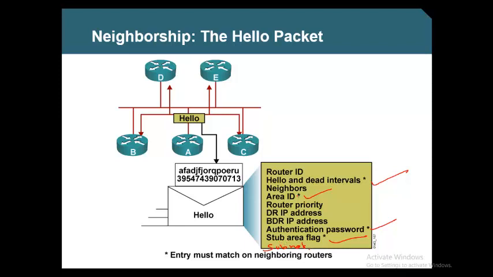Now, this was once a very famous interview question. I don't know whether it is still there. They'll ask what are all the things in the OSPF hello packets that should match in order to form neighbor. Hello and dead interval, area ID, authentication, subnet mask, stub flags.